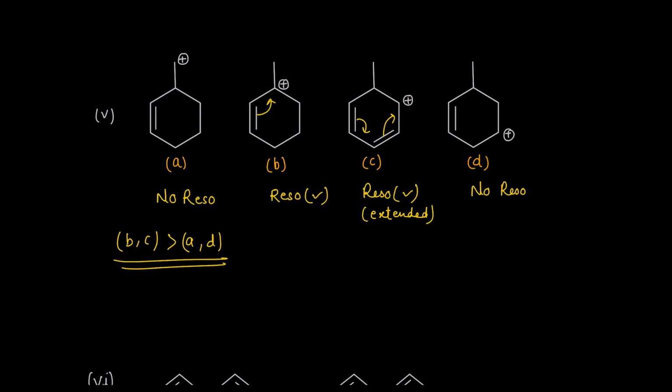So between B and C, we'll say C is more stable than B. And between A and D, we'll look into the number of alpha hydrogens. In A, we have only one alpha hydrogen, and in D, we have 4 alpha hydrogens. That means D is more stable than A. So here is our answer.